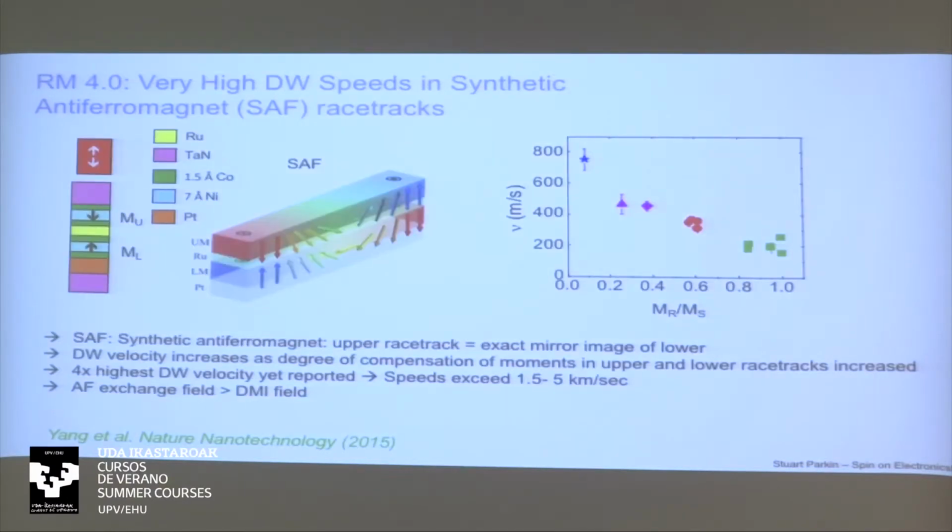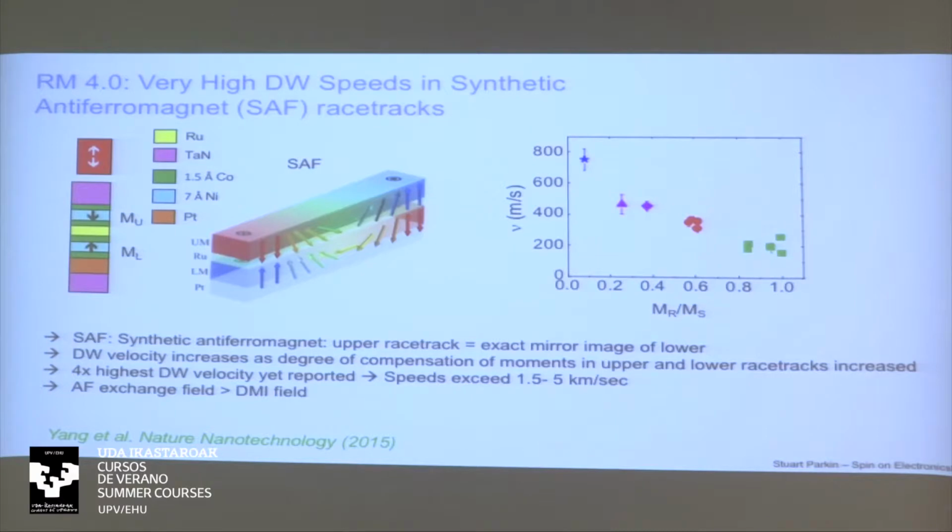And in the case of these synthetic antiferromagnetic racetracks, which again, we just take one racetrack, we put another one on top, which is identical, but using this trick of a very thin layer of ruthenium in between, whatever is the magnetization profile in the lower racetrack is exactly mirror imaged in the upper racetrack. Every magnetization in the lower racetrack is imaged in the one above in the opposite direction.